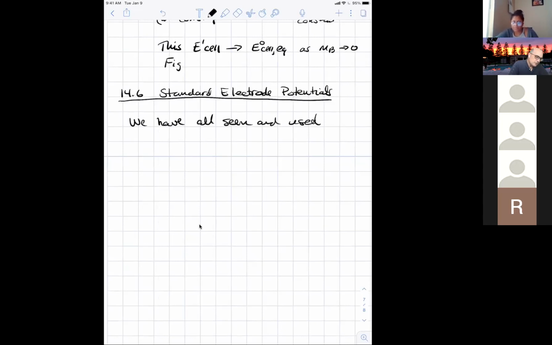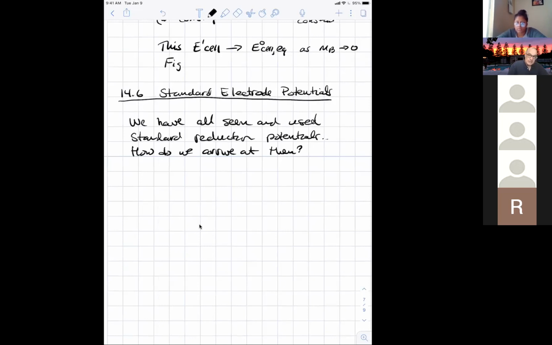So we've all seen and used standard reduction potentials, right? And so let's examine how we arrive at them. Okay.